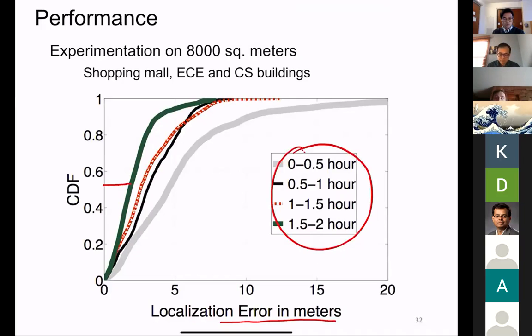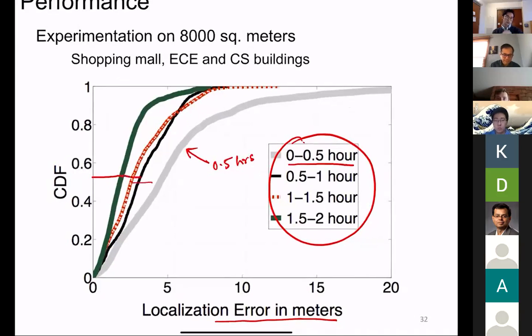Meaning, when someone walks around this whole building for half an hour, a building of the size of, let's say, the ECEB ground floor. You don't have to do anything. You just take your phone and you walk around randomly. From that half an hour of data, this is what the result looks like.